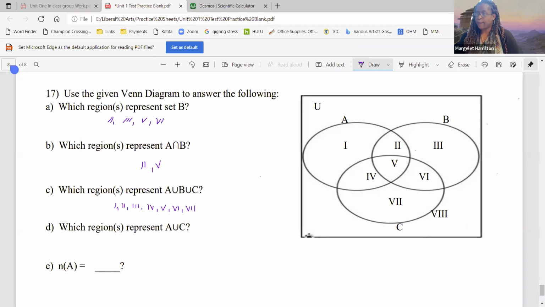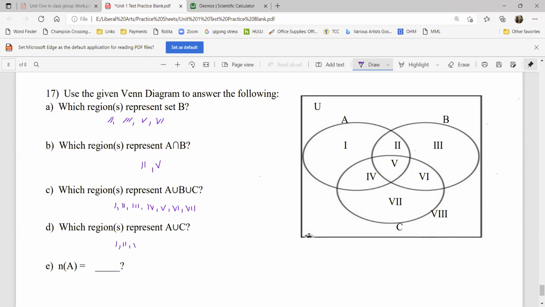Is everybody okay? All right. What about A union C? 1, 2, 5, 4, and 7. Is that it?